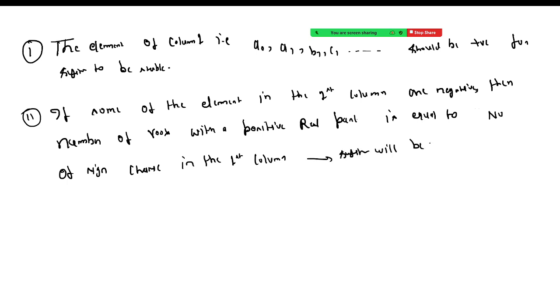The system will be unstable, obviously, because the roots are in the positive real part.